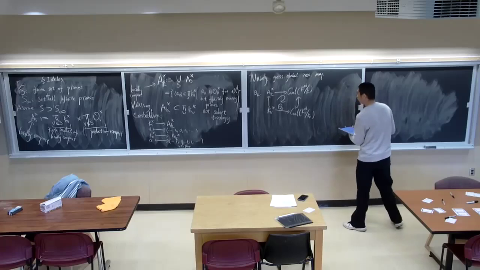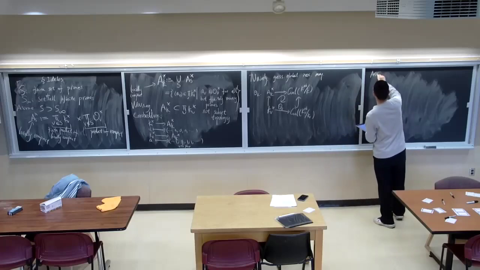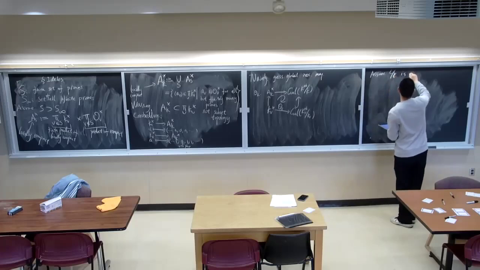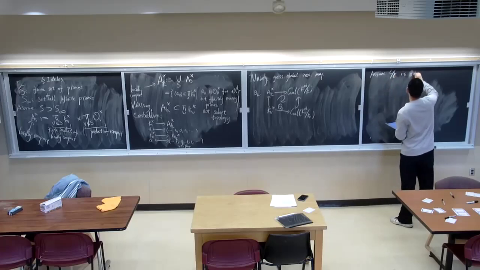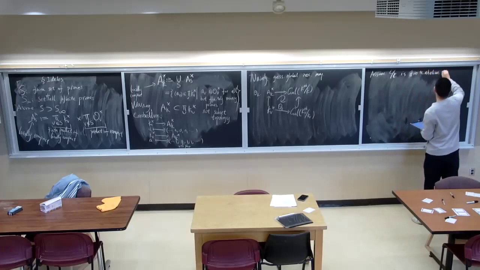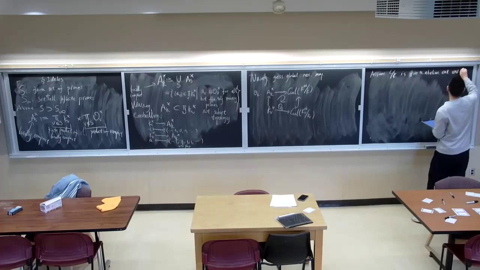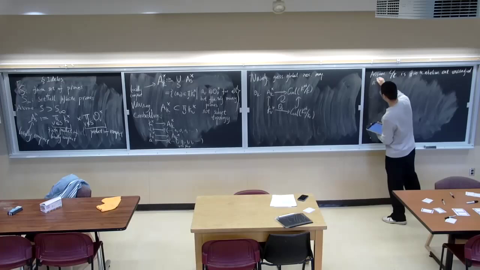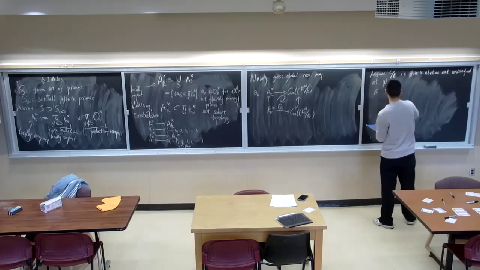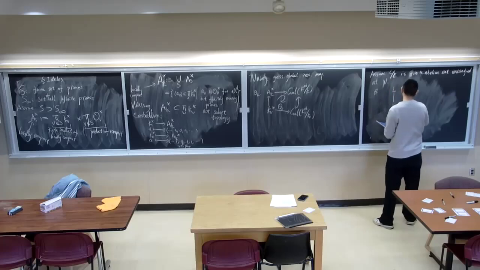So for simplicity, let's assume L over K is an abelian extension, unramified at v.